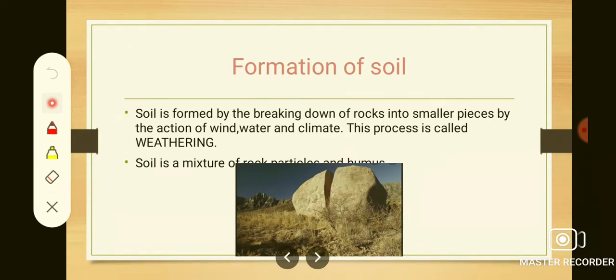This breakdown of rocks leads to formation of soil, and it is called weathering. So, soil is a mixture of rock particles and humus.